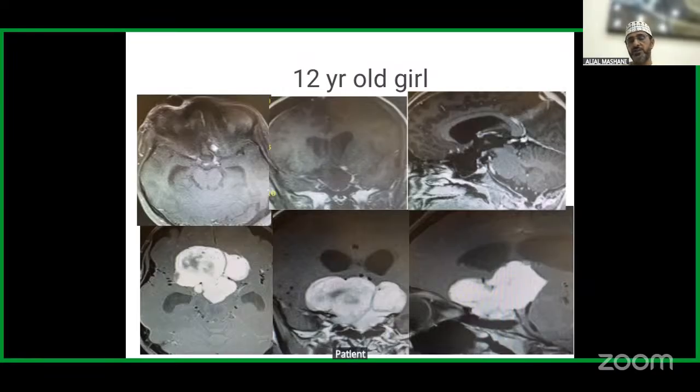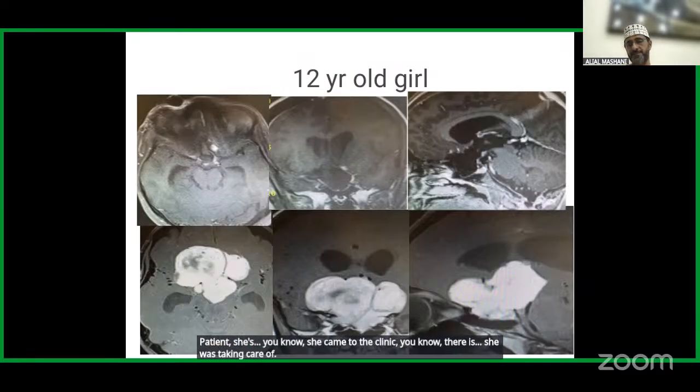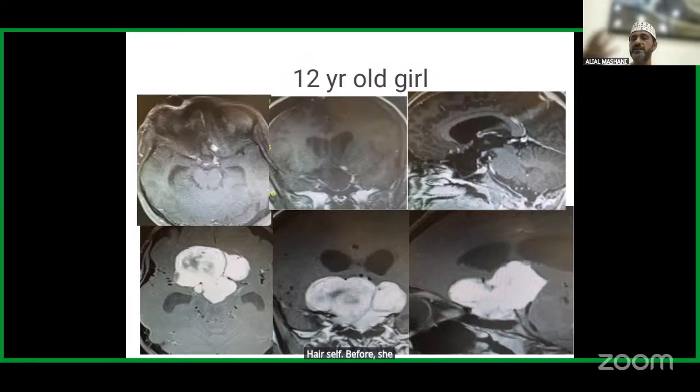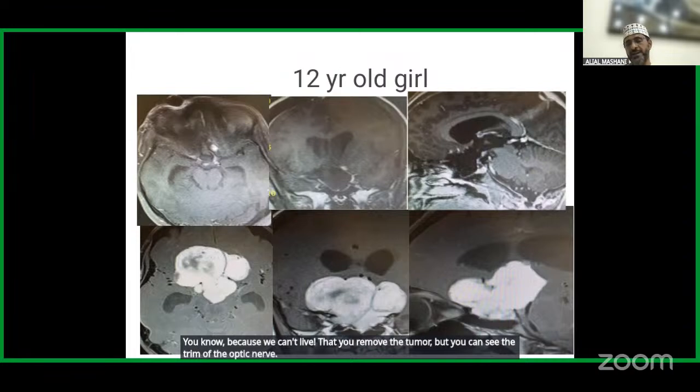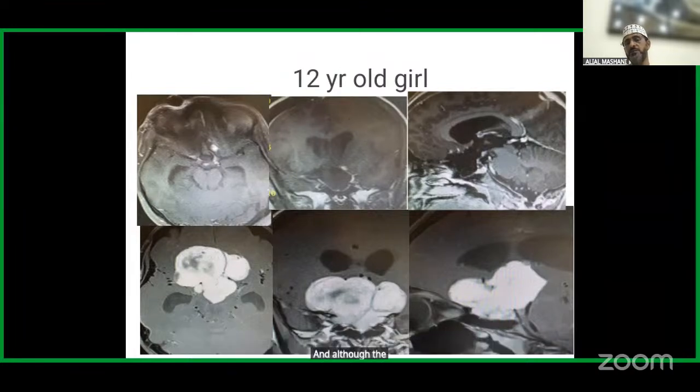She came to the clinic, and she could take care of herself after the surgery. We can remove the tumor, and you can see the preserved optic nerve and the chiasma, which is an important approach for these patients. Next.